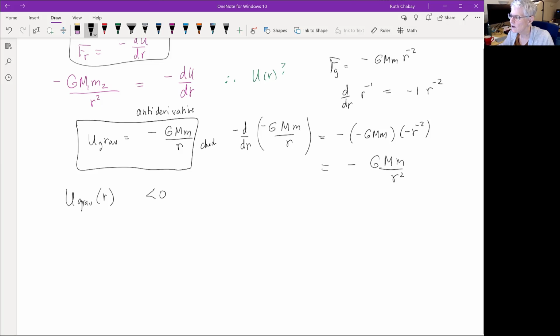So let's think about what a graph of this would actually look like as a function of position.